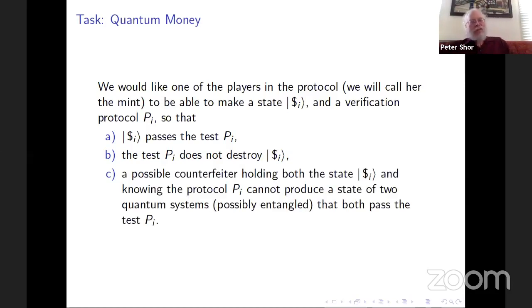And third, a potential counterfeiter holding the quantum money state and knowing the protocol for verifying it cannot produce two quantum systems, possibly entangled, that both pass this test P sub I. So this is what it means to verify quantum money. It's a test that can be passed by the quantum money, but no counterfeiter can produce two quantum systems that both pass the test.